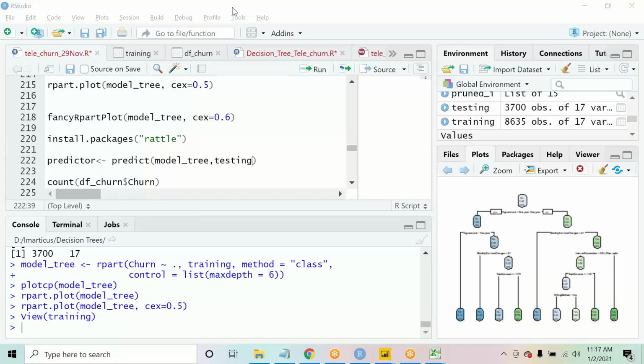Anything else that we need to use over here? Okay, right, Sachi. That is type, right? Type equal to class. That is something that is very, very important.